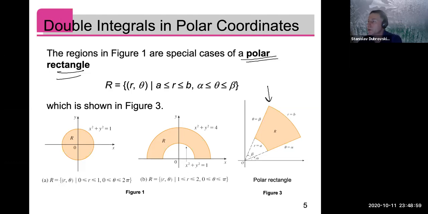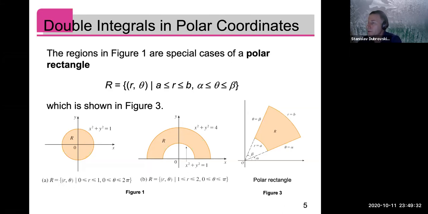So it turns out that we could write similar Riemann sums, f of x_ij star, y_ij star, times delta A, over these polar rectangles, where delta A would be the area of this polar rectangle. So the key part becomes finding the area of this polar rectangle. How do we go about it?